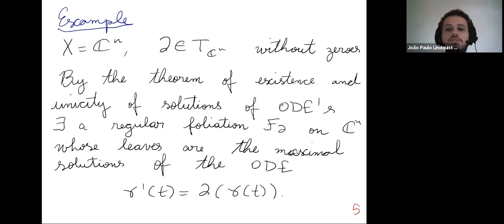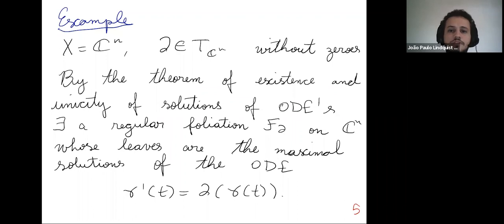So one example: I can take X to be C^n, affine space, and delta a vector field without zeros.